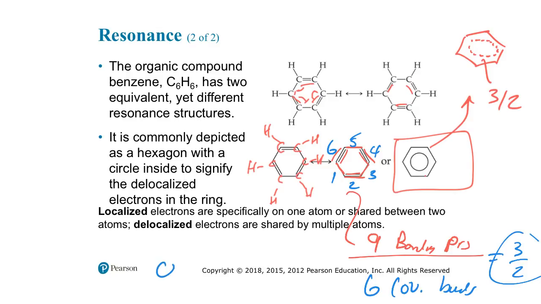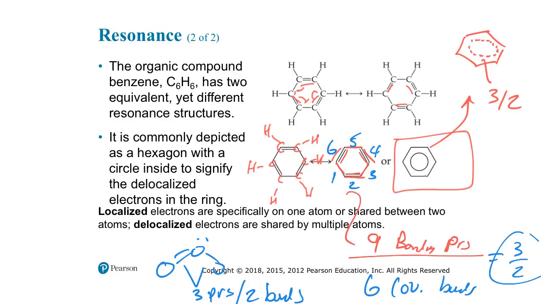Same thing with ozone. Double bond O, single bond O. You have 3 bonding pairs of electrons being spread across the 2 bonds for the same type of 3/2 bond. Now we're going to get into bond lengths a little bit later, but usually, especially when you're comparing exactly the same type of atom, a double bond ends up being shorter than a single bond.